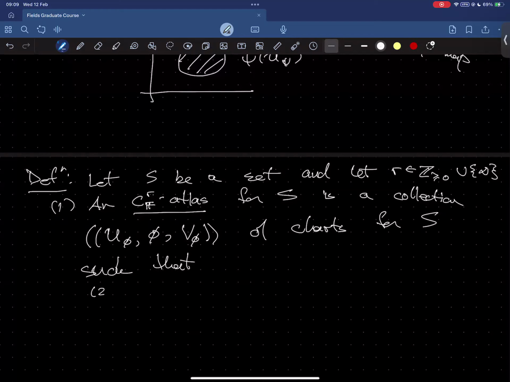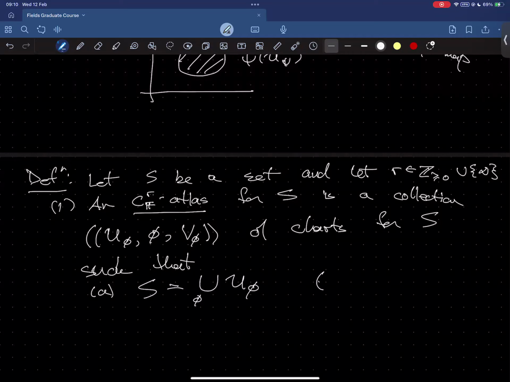we're going to require two conditions, the obvious ones that you would expect for an atlas. An atlas should cover the thing that you're talking about: S is equal to the union over phi of the U phis.